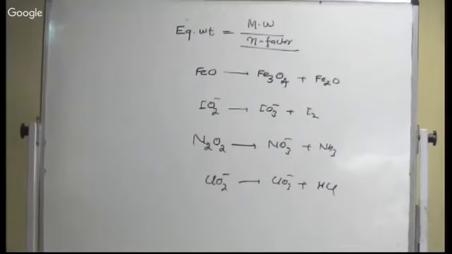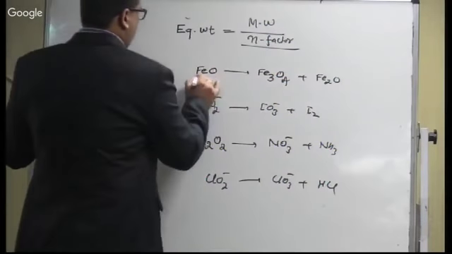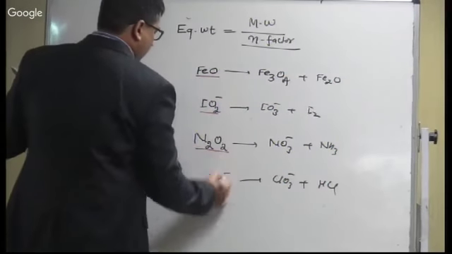What is the n factor of Fe3O4, IO2 minus and N2O5? All are disproportionate. You have to calculate the n factor of these.